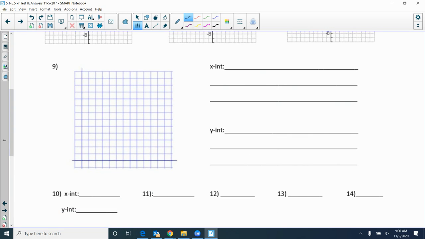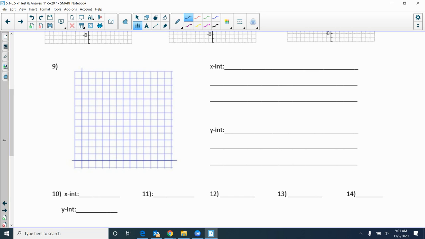You're probably going to need to write a couple things down here. Write that equation down. 2.4x plus 1.6y equals 48.